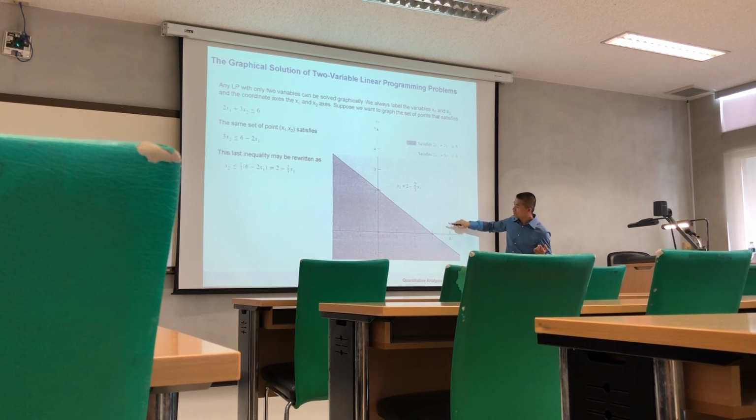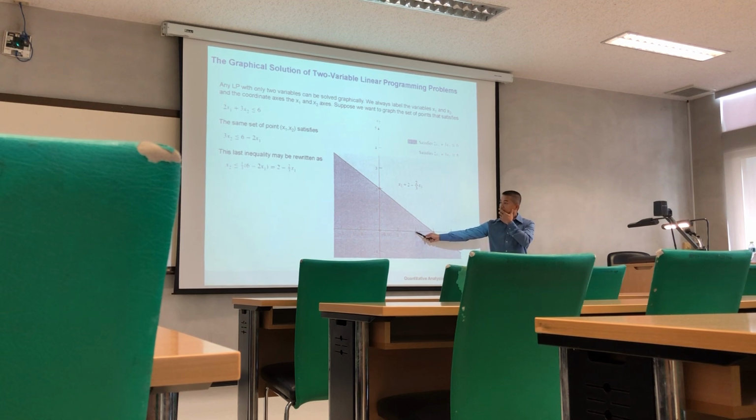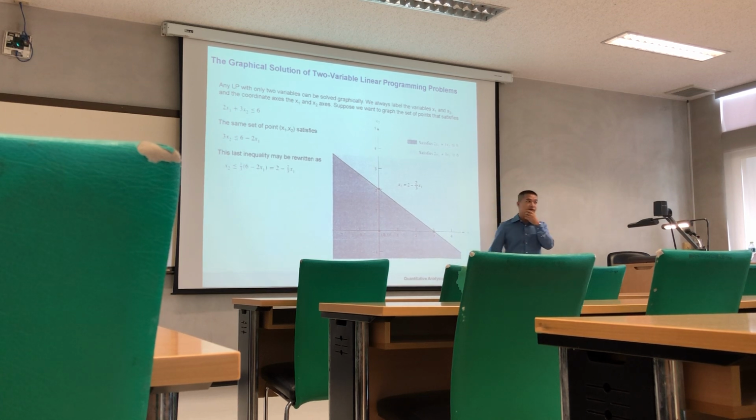What about this point? What value does that give you? 8. What about this point here? (2, 0): 4. That's less than 6, right?